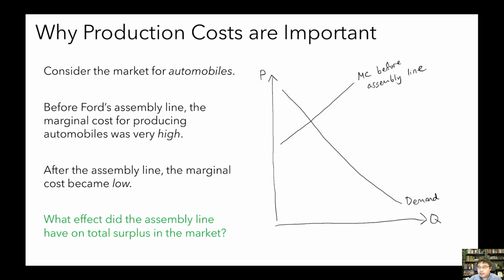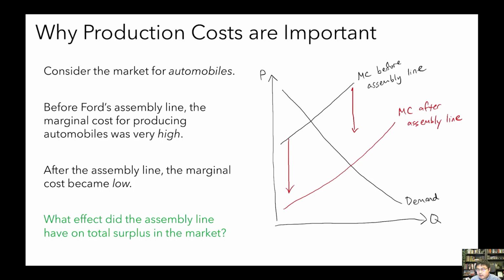Now, what did the invention of the assembly line do to the market? Well, it reduced the marginal cost for producing automobiles drastically. And what that means is marginal cost is going to exhibit a downward shift. And so this red line is our marginal cost curve after invention of the assembly line.